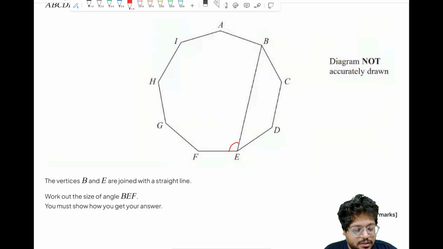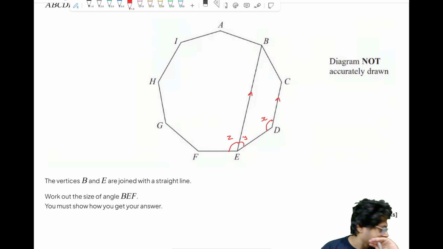So if you see these two sides, they are parallel to each other, right? So if you find this angle, let's call it x and let's call it y, then x and y are co-interior angles, so they sum up to 180 degrees. And let this be z. We are interested in z, but first let's find x and y.